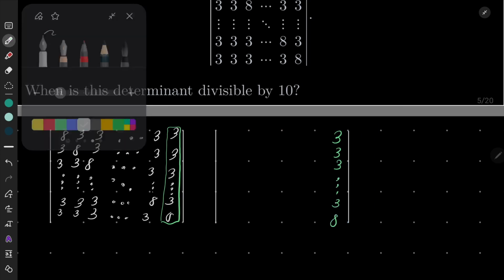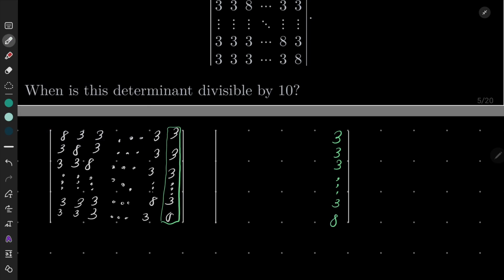Let's look. I take the last column, multiply it by -1, and add it to the penultimate column. So I will have 0, because -3 plus 3 is 0. Here is 0 as well, and so on.